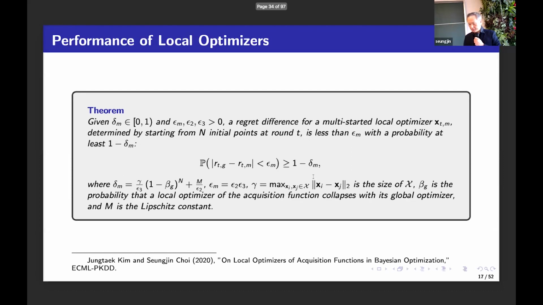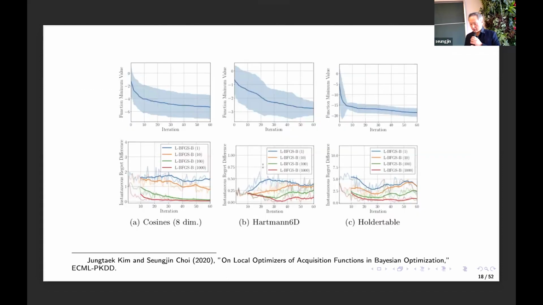If you choose more multi-started local optimizers, the gap gets smaller and smaller. In fact, we proved, and this graph shows, that if you run the multi-started local optimizer, the performance gets close to the case where you use the global optimizers.